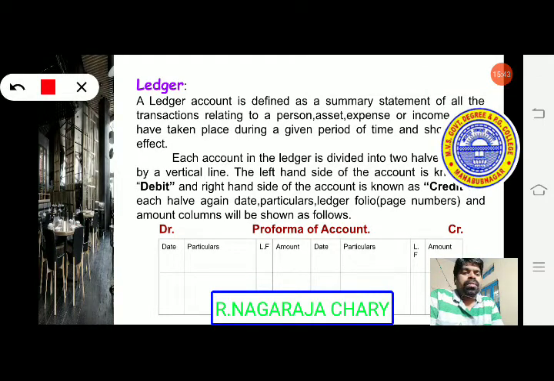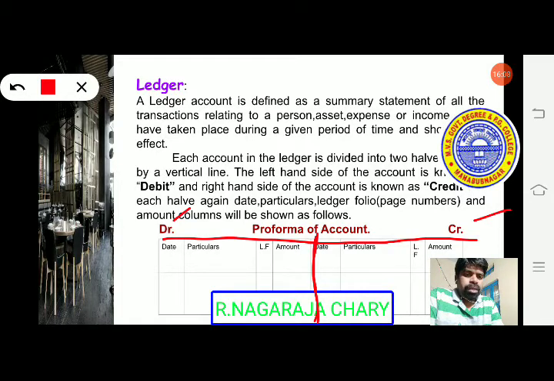When you see this account, it is a T shape. It is divided into two halves. The left part is known as debit and the right side part is known as credit.